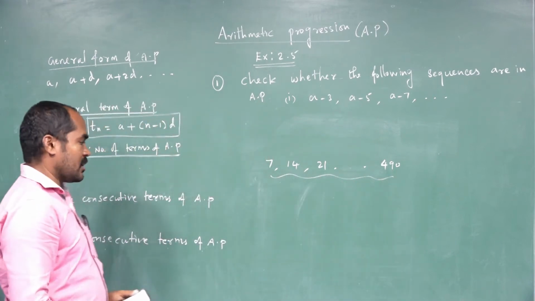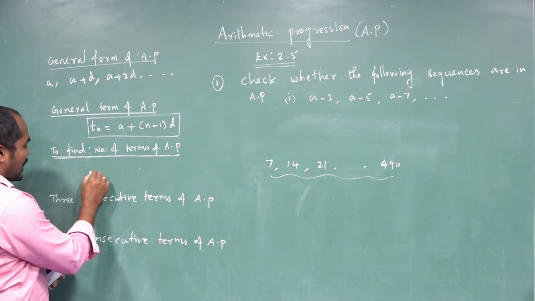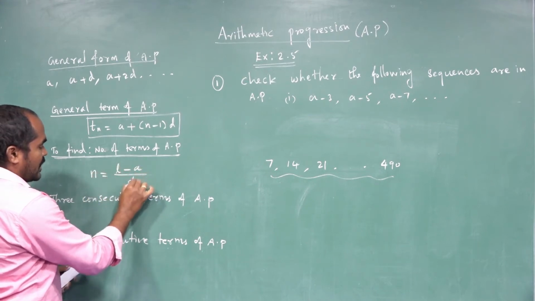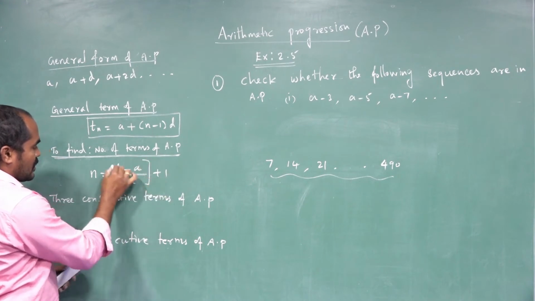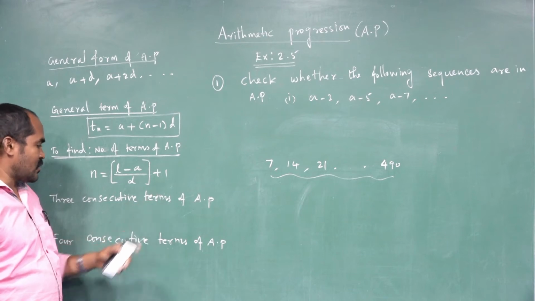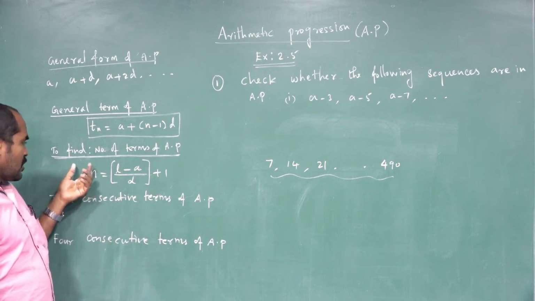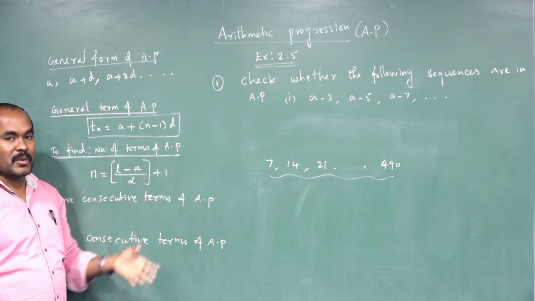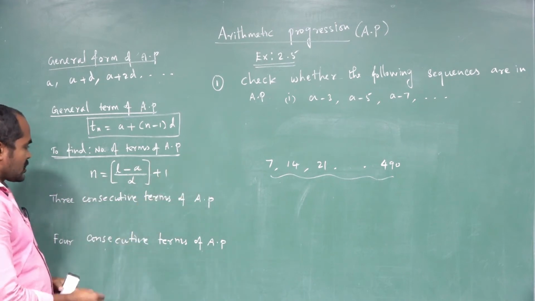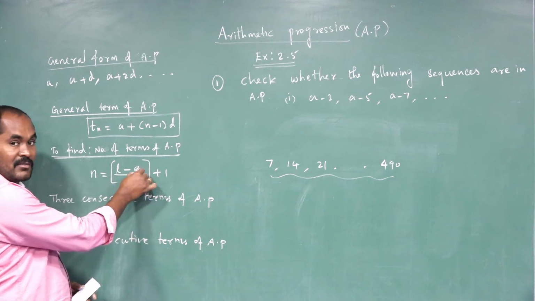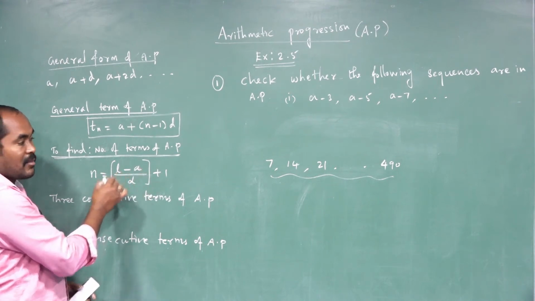How many terms in a finite AP? We use this formula: n equals (L minus A) by D, plus 1. This is to find the number of terms in a finite arithmetic progression. Here L is the last term, A is the first term, and D is the common difference.